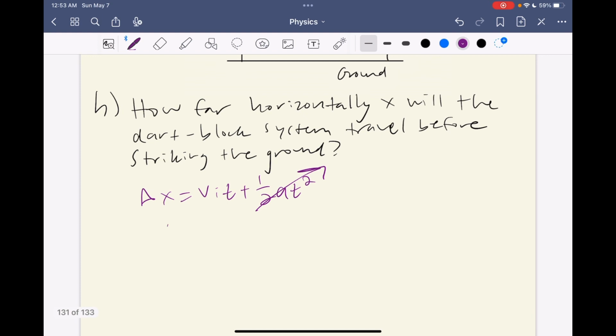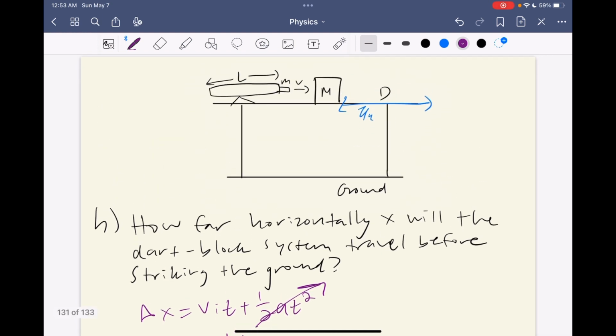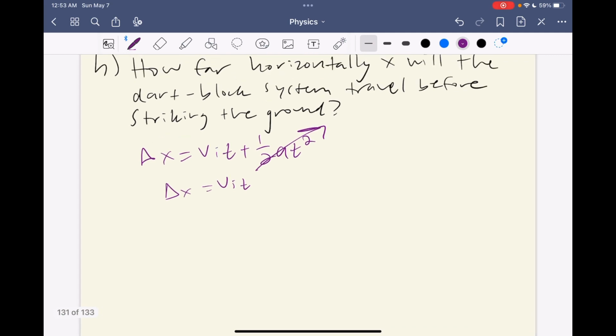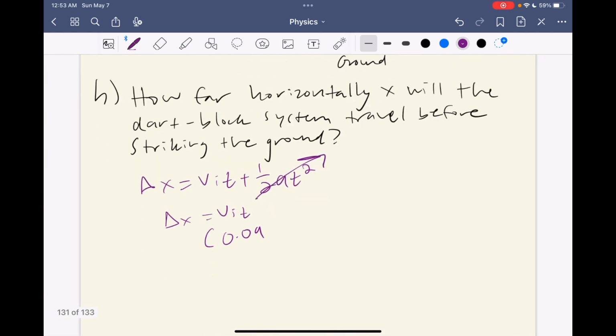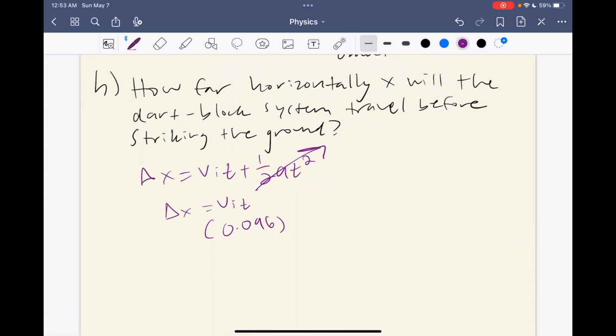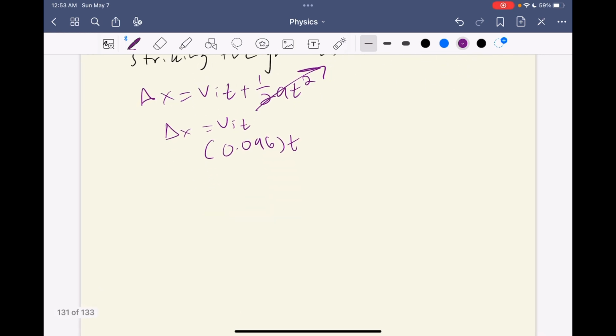So we're left with delta x equals vi t. Now we want to find the time. We know that the initial velocity was 0.096. And then we need to find time, right?